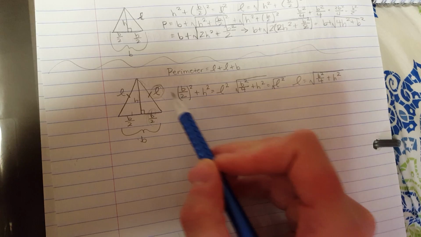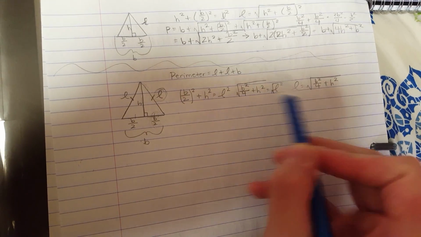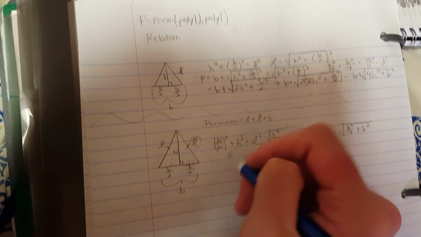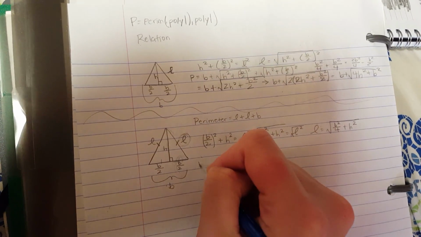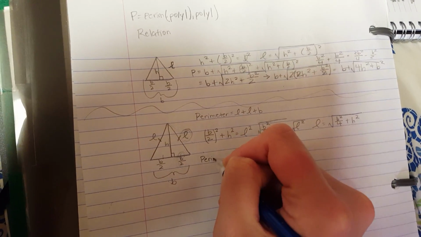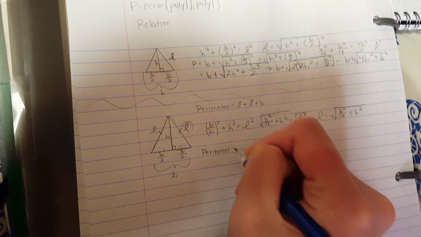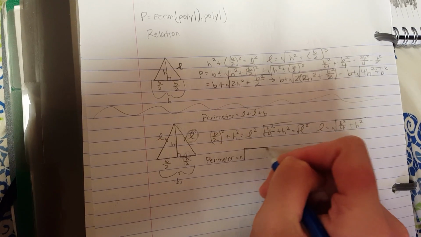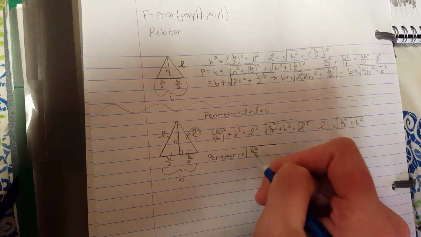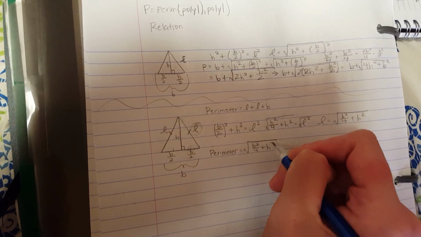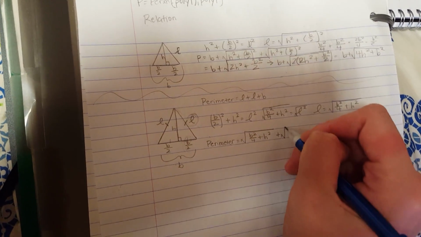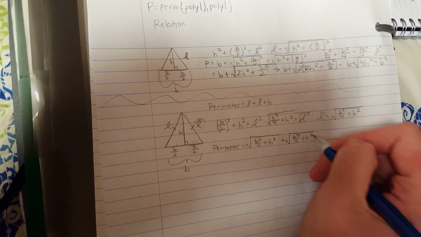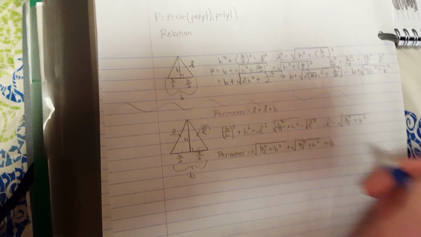So to find the perimeter, I'm just going to plug this equation in twice, plus the base. So perimeter equals leg, which is the radical of b squared over 4 plus h squared, plus the radical of b squared over 4 plus h squared, plus base.